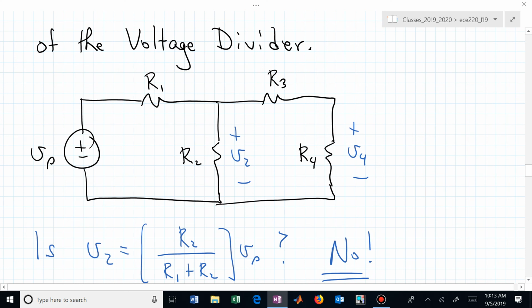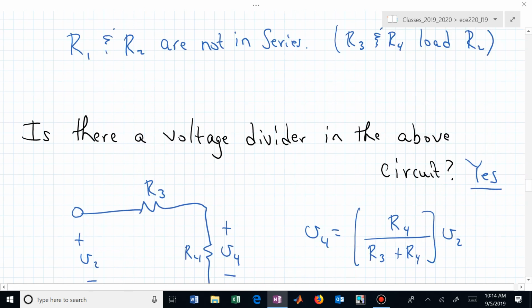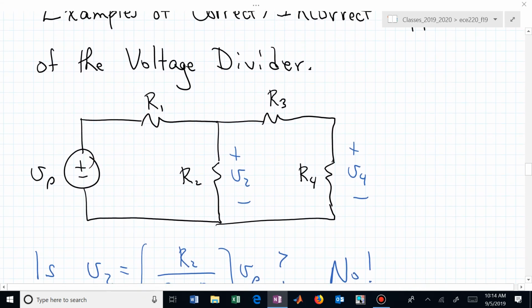So we have to keep them present. Was that your question? So we can't virtually erase R3 and R4 and say, well, I can find V2. That's the voltage divider. Yeah, it is, but you now have to treat it differently. What do we have to do? We have to load R2 and give that an equivalent resistor, and then find V2 from that.